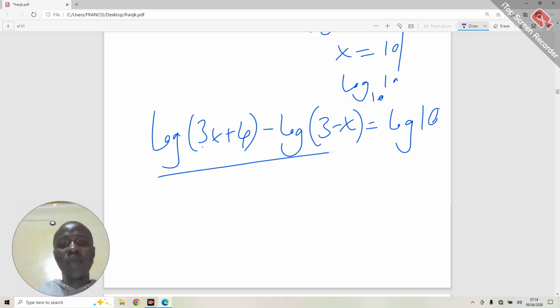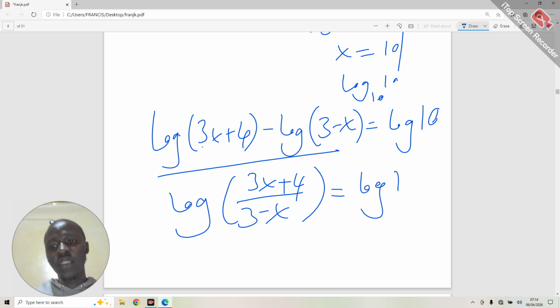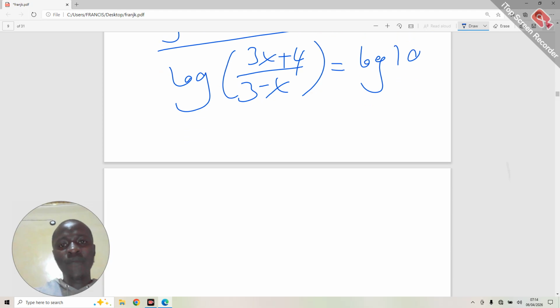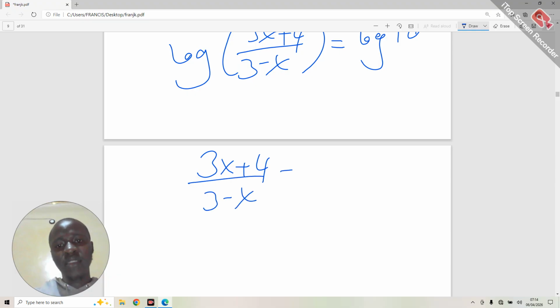So how do I simplify this? I shall have log of 3x plus 4 all over 3 minus x is equal to log 10. I drop the logs or cancel out to have 3x plus 4 all over 3 minus x is equal to 10 all over 1.